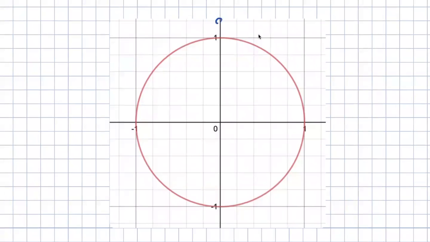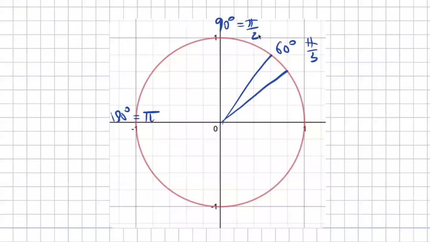So we've already worked out 90 degrees is equal to pi over 2 radians. 60 degrees is pi over 3 radians. 180 degrees is equal to pi radians. We can carry on.